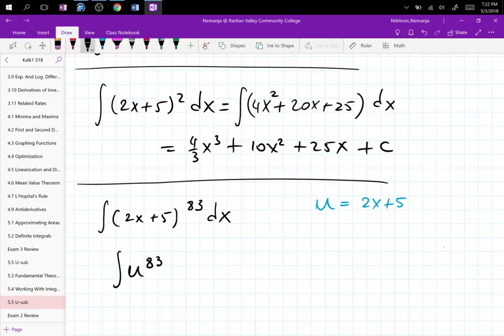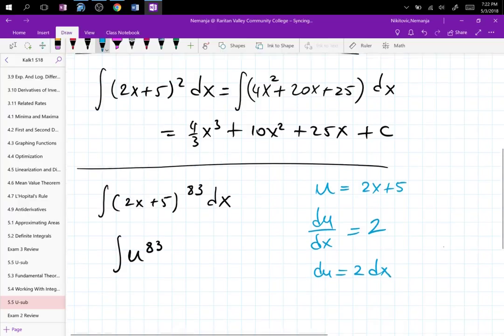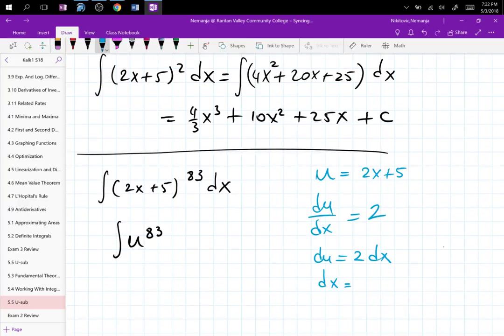So where is the link? Well, differentiating your u equation here will give you du dx, which is 2. And this is where the transformation between dx and du happens. So now du is equal to 2 dx, and finally dx is equal to 1/2 du.